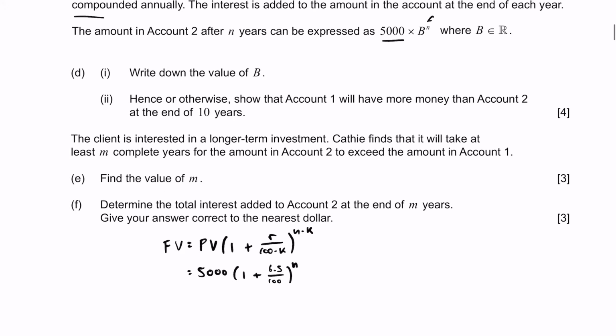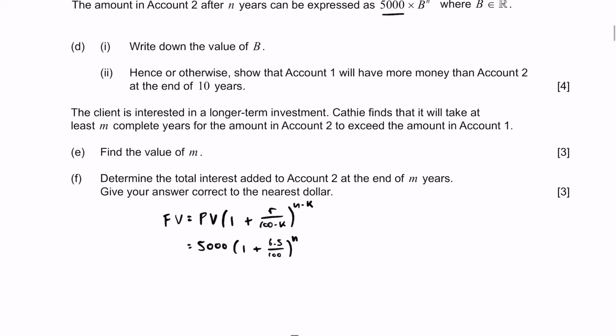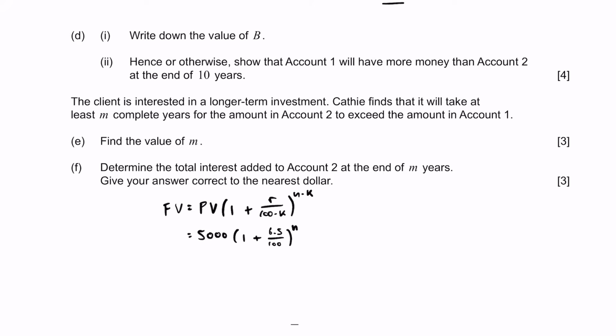All right. So now we've got a form that's very, very similar to this. We've got this 5,000 here, 5,000 here, and then we have something being raised to the power of n. So let's go and simplify everything within these brackets. So 5,000 times 1 plus 6.5 over 100. You can put this into the calculator if you want, but it's 0.065.